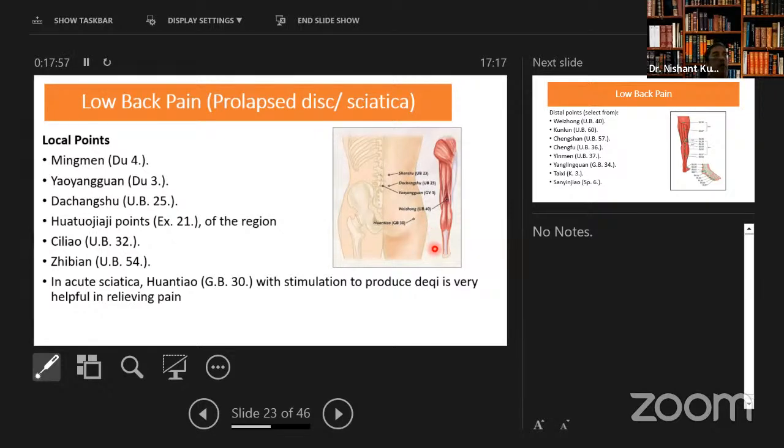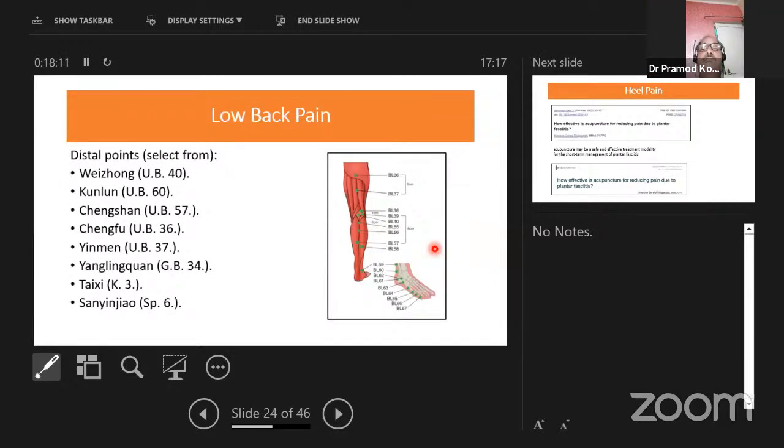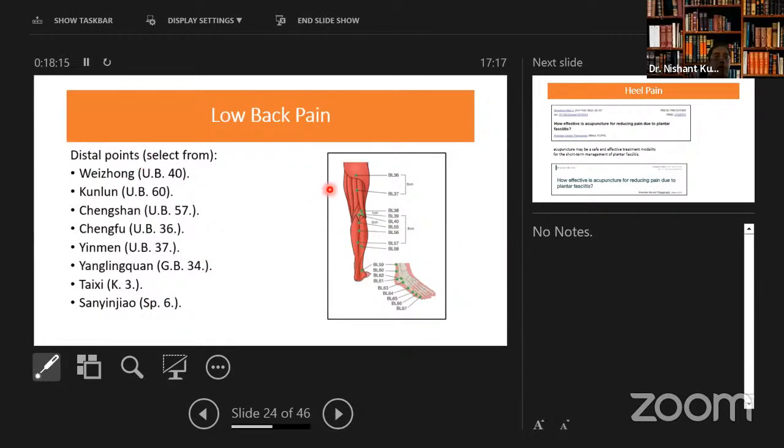Okay. So for low back ache alone, because of myofascial pain or facet joint arthropathy, you can go for local points. If there is radiculopathy, you can use GB30 along with the local points. Okay. So these are all the points along which the radicular pain usually goes.